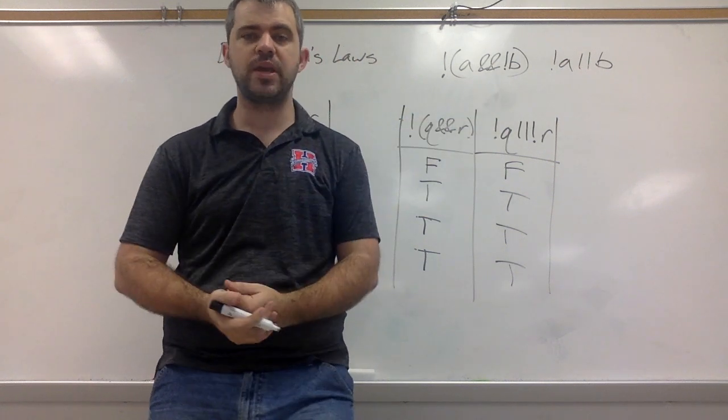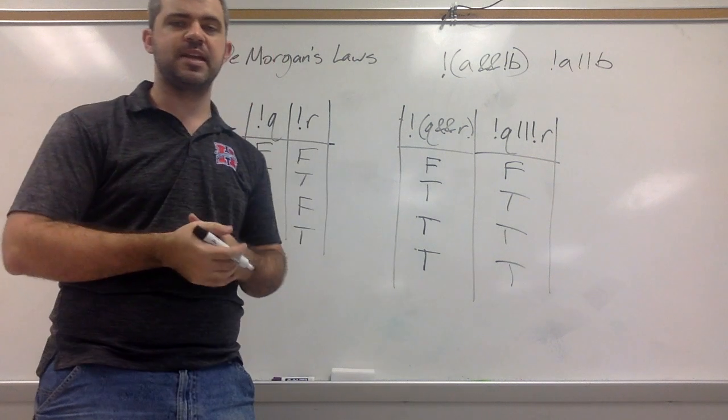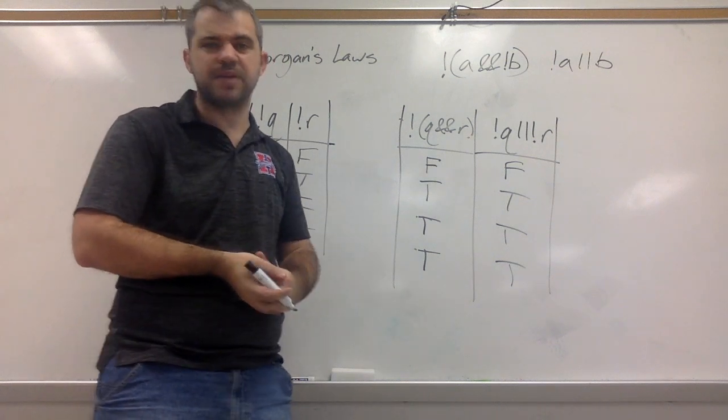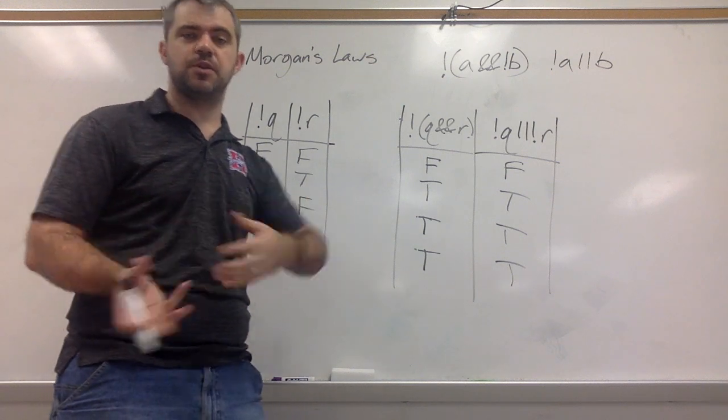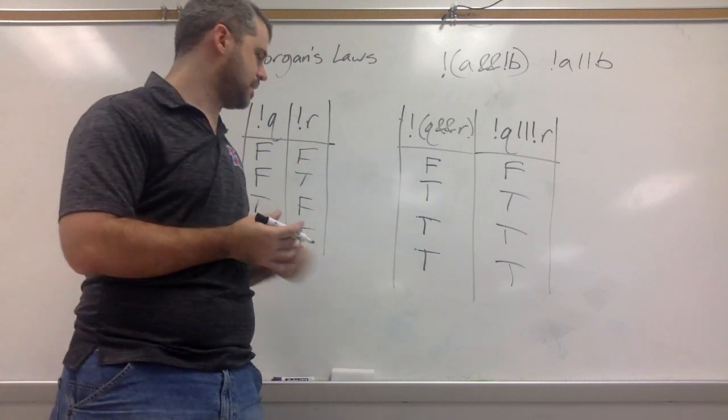That's going to make your code easier to read. It's going to make it easier to not make mistakes, basically. So that is the first half of DeMorgan's laws.